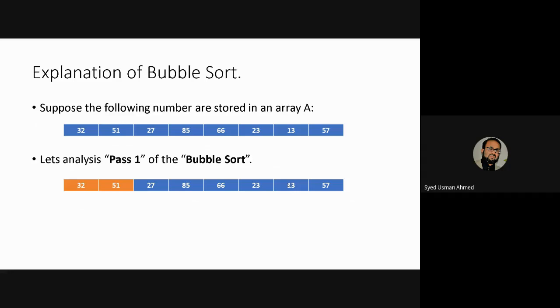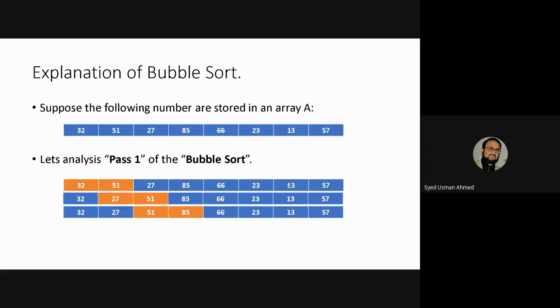Next, the system will increment the pointer and start comparing 51 with 27. We see that 51 is larger than 27, so at this stage we interchange these two values so that 51 moves ahead of 27. Then the system compares 51 with 85, and 51 is less than 85, so the system keeps them intact.